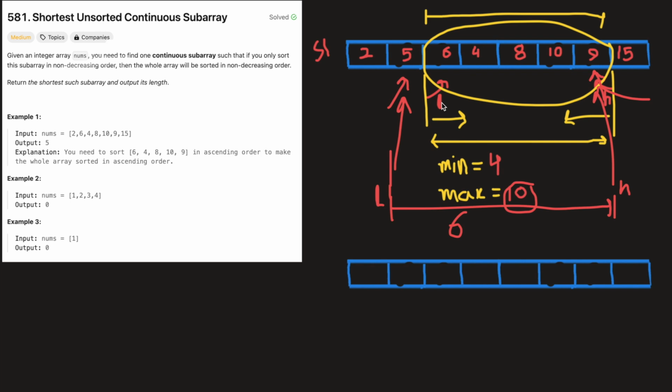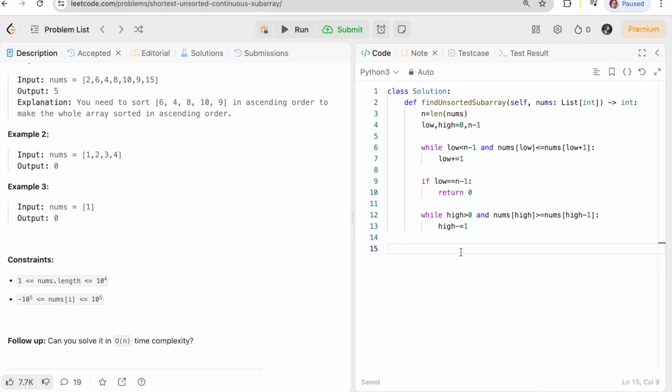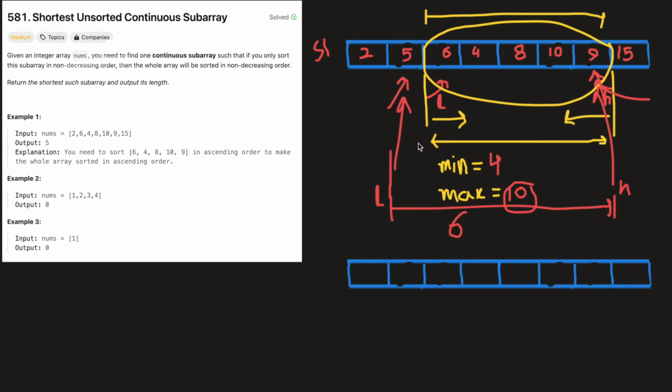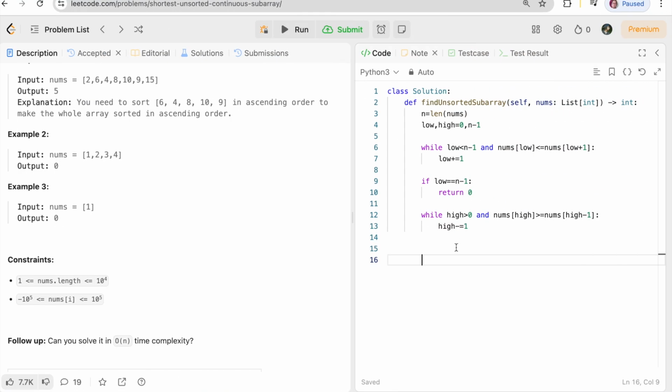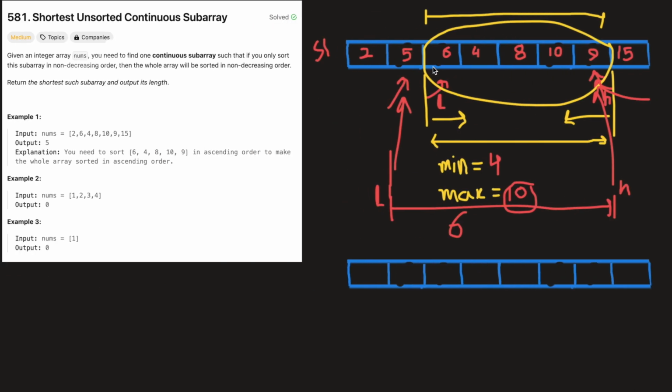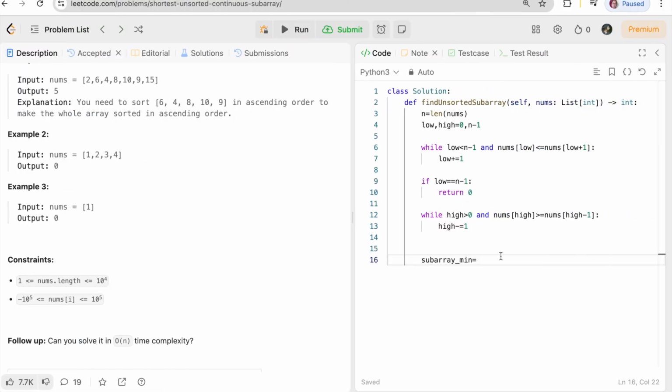So now after finding this low and high boundary, what we'll do is in this unsorted part we will just check the local maximum and local minimum. Okay. So to do that we'll say subarray min, and for now I'll just take any number within the subarray, so I'll say simply nums of low, and I also need a subarray max.